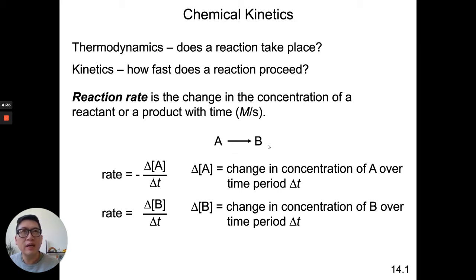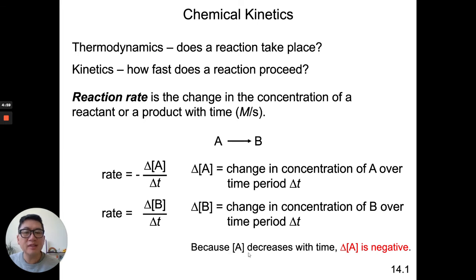If you're turning flour into cookies, the amount of flour you have at home will always go down, assuming you're not buying any more, and the number of cookies you make will always go up. Which is why delta [A] over delta t for reactants is always negative, products always positive. Because delta [A] decreases over time, delta [A] will be negative.